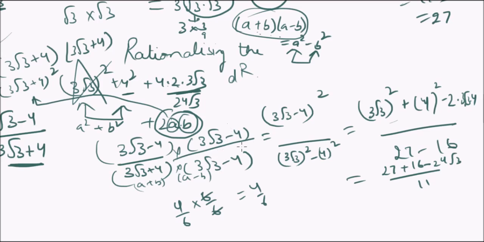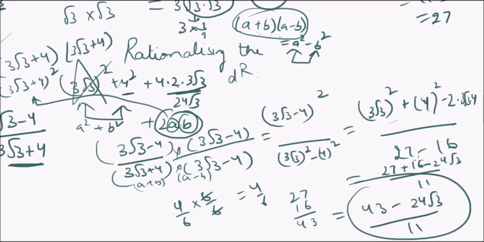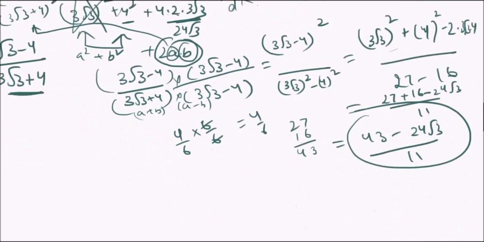On solving this, we get the result as 43 minus 24 under root 3 over 11 as the solution of the given equation.